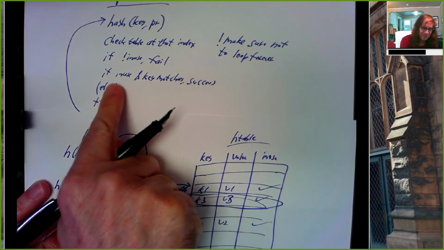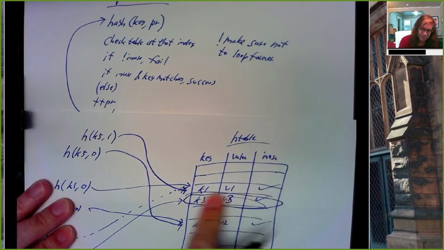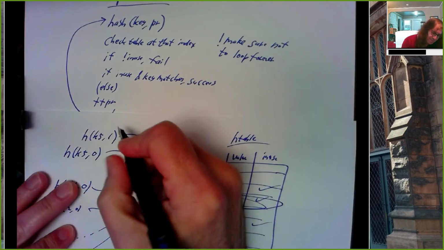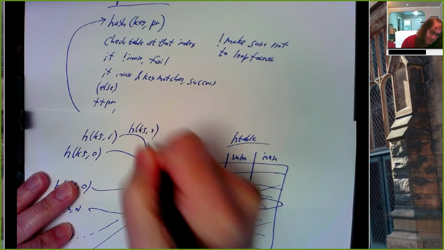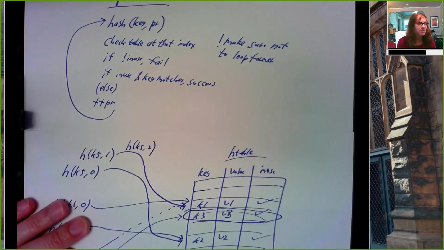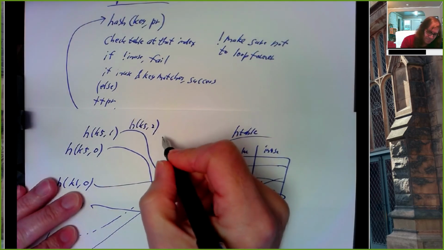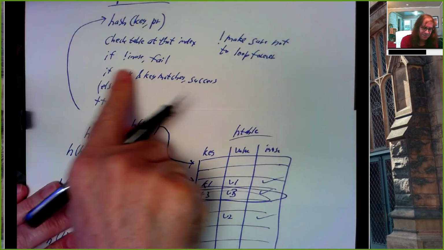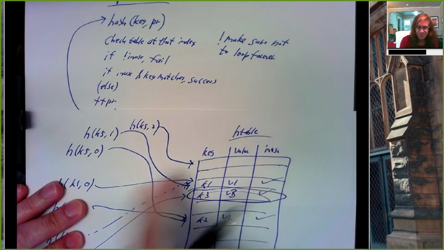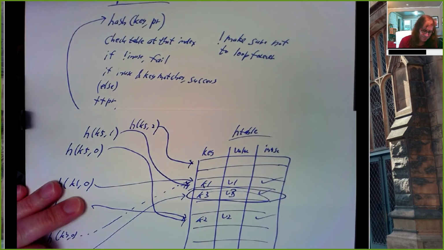Same thing. It's in use, but the key doesn't match, so iterate again. And maybe when we hash with a probe attempt of 2, that takes us down to here. And now we say, is it in use? Nope. Okay, not found in the table.